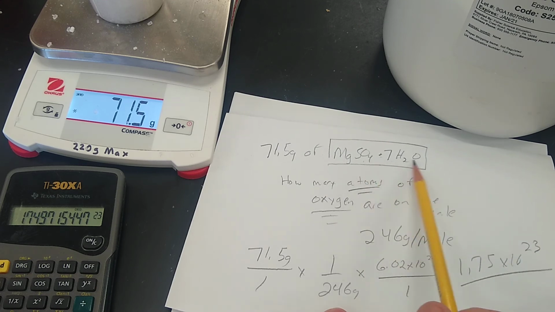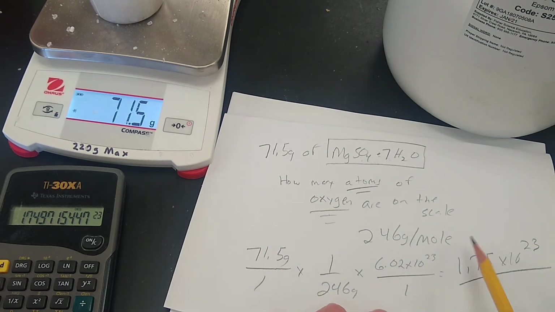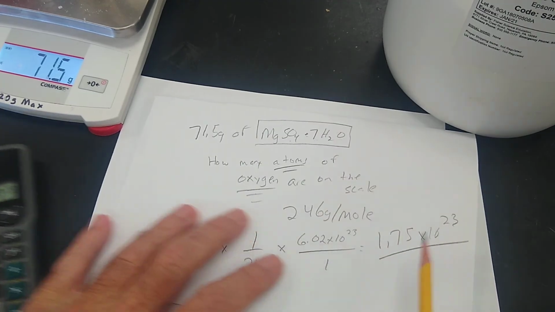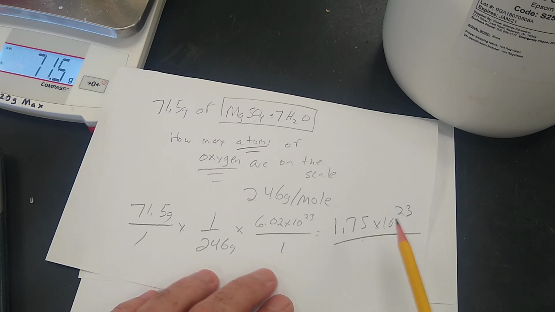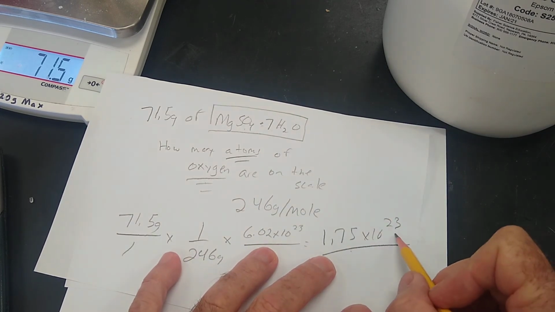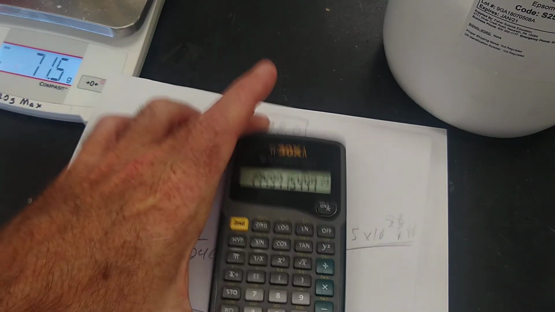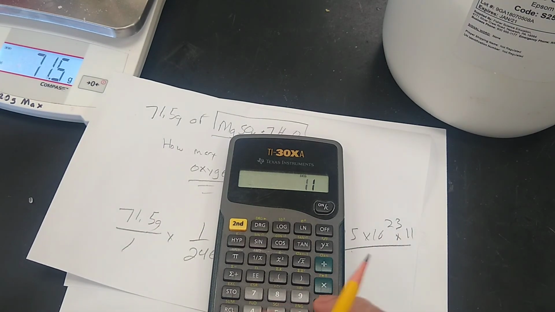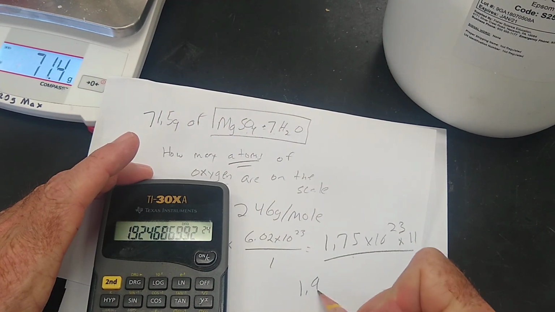So there's 11 oxygen atoms on every magnesium sulfate heptahydrate. So if we have this many total compounds, we just multiply this number times 11. Times 11 equals 1.92 times 10 to the 24th.